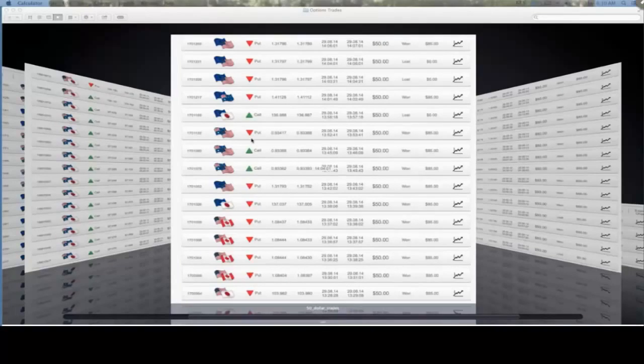And you see that when he puts $50 and he's correct, he makes $85. So he's not having to deal with buying a currency and then waiting for the price changes and putting in stop losses. That's not what's going on here. This is a very, very simplistic version of it. It's called binaries because you only have two options.